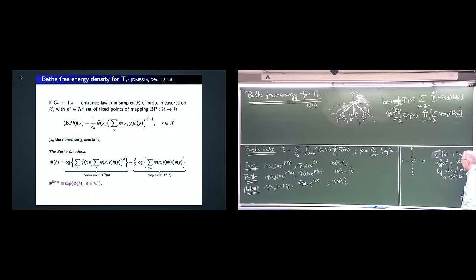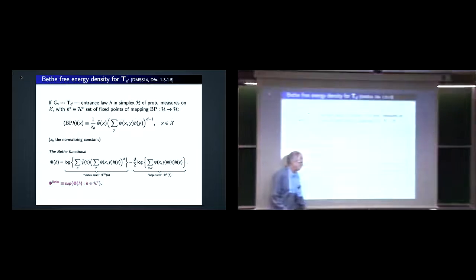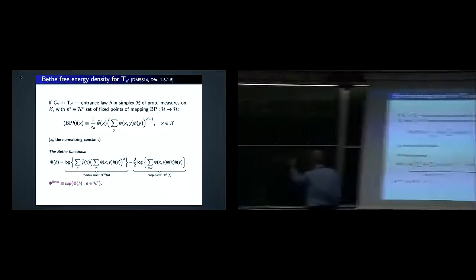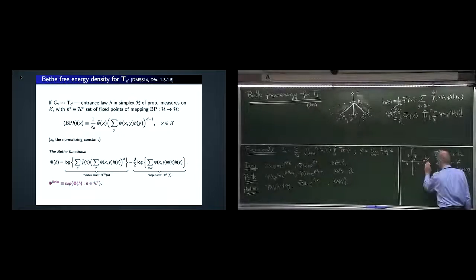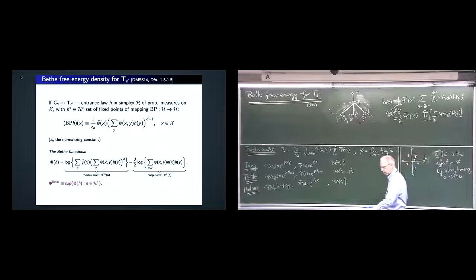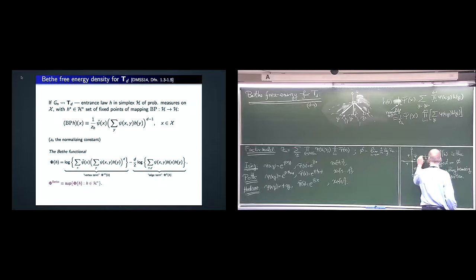What happens if you add or remove the vertex? Well, you get the function psi bar of this vertex, and you also get these psi's which are sitting here. But you also get the h's which are sitting here. To summarize this, you also need to get these messages.